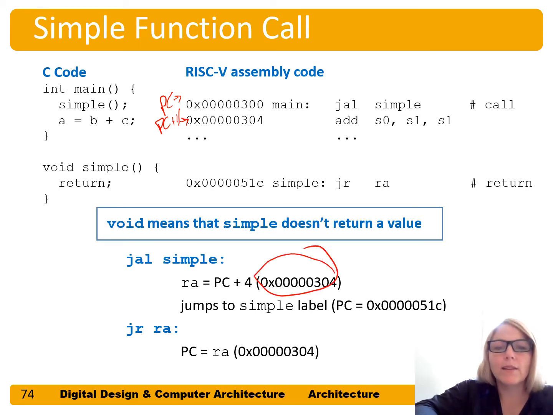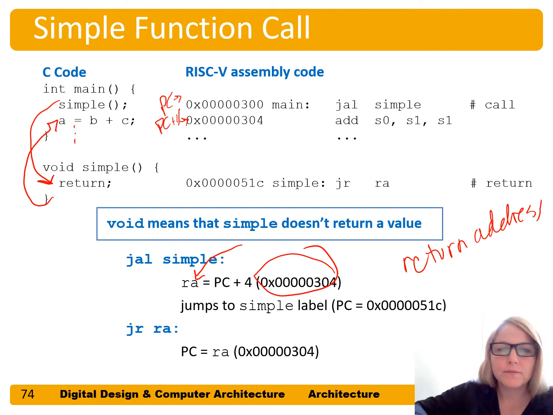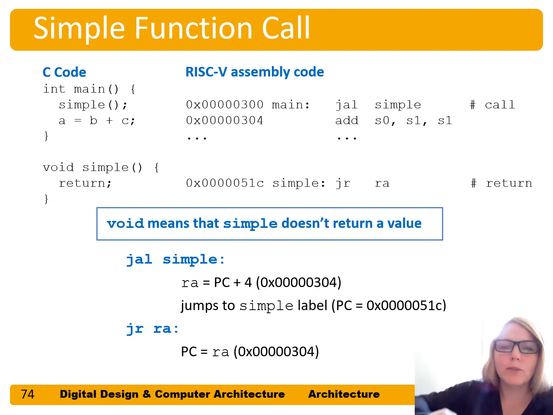And so we make this RA register the return address register. The RA register stands for return address, because that's where we want to return to. After this function is called, when it returns, it needs to return to continue executing the next code. And so jump and link both jumps to the label and links RA equals PC+4.